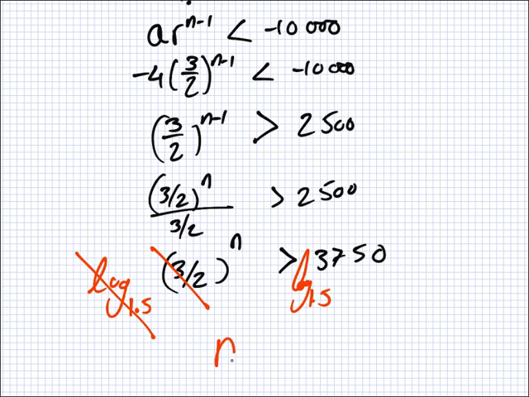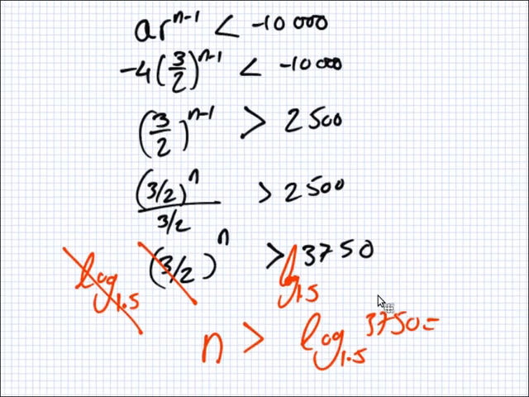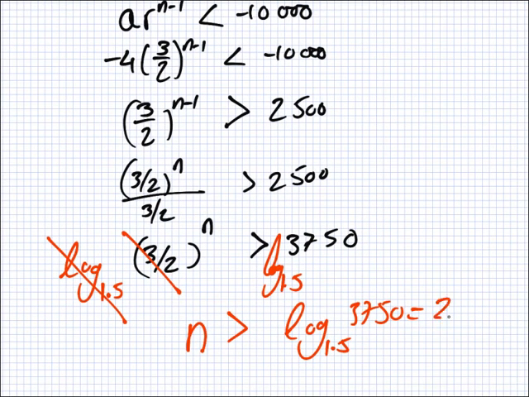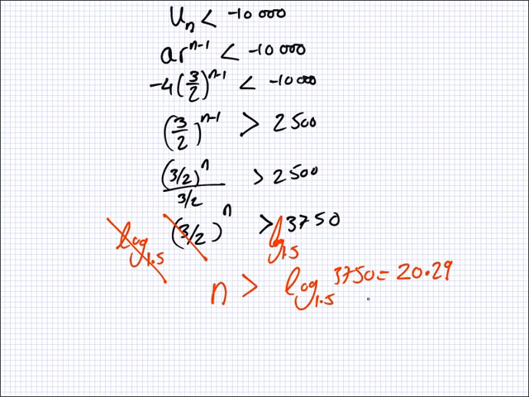So you're left with n must be bigger than log base 1.5 of 3750. Now what is that? What is it? 20.29. So that means n must be bigger than 20.29, n must be bigger than or equal to 21.